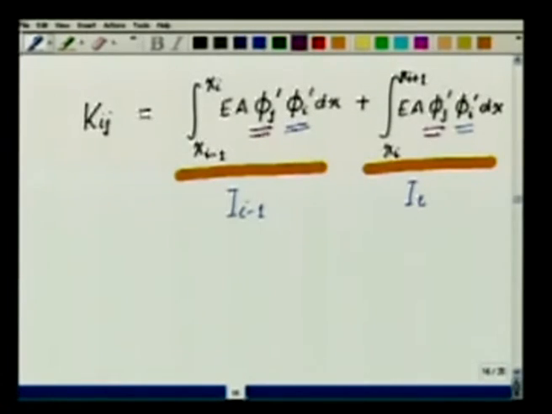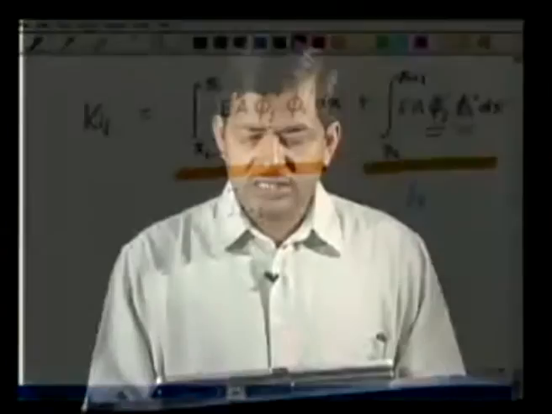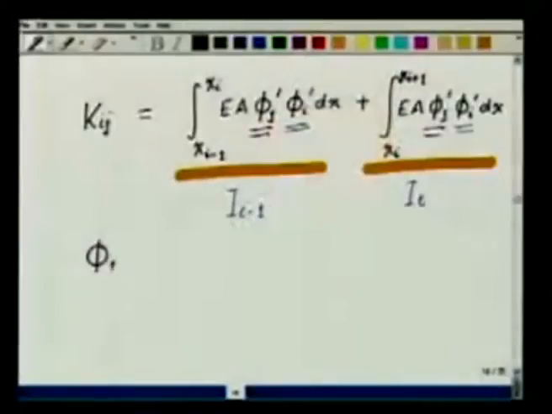Now, which of these phi j's are non-zero in elements I minus 1 and I?